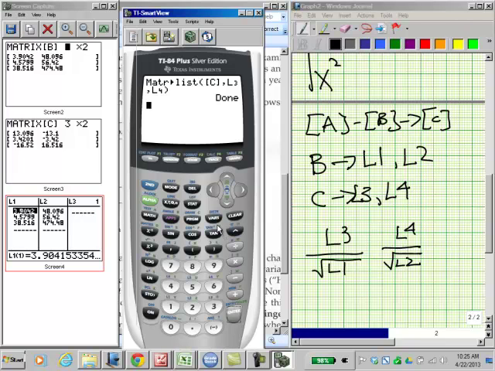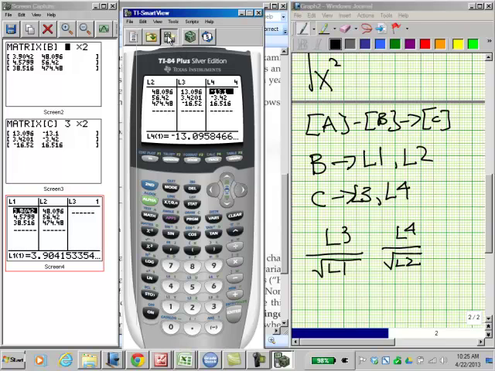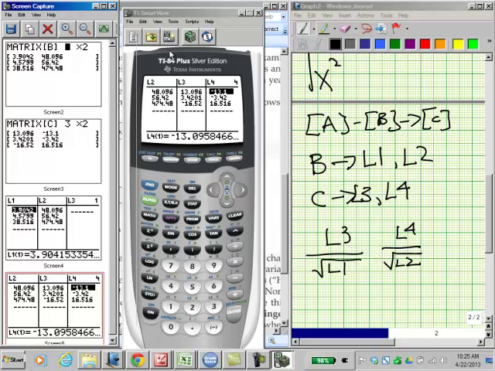Alright, now let's clear this and look at L3 and L4. And there's matrix C, okay? Alright, so now we're all set.